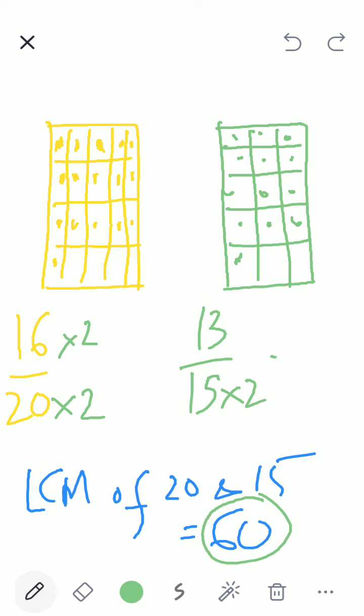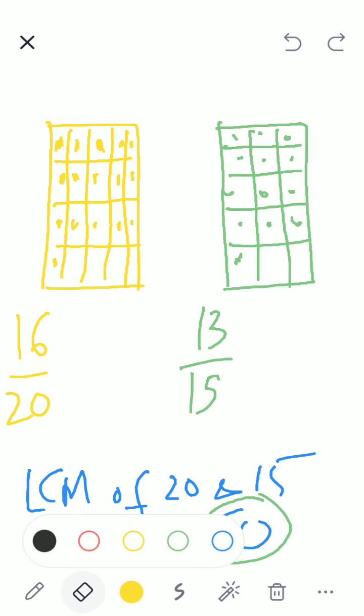Again, I will get denominator 30 here, denominator 40 here. No point. I have to make a common denominator. I have to convert to like fractions. For that, I have to find the LCM, because 60 comes in the 15 table also, and it will come in the 20 table also.